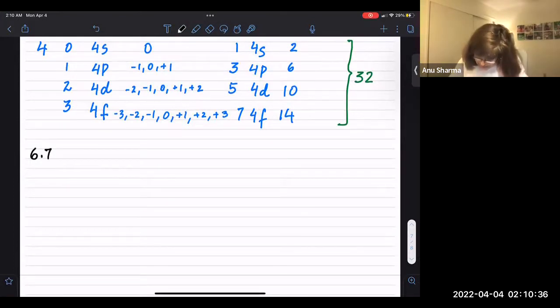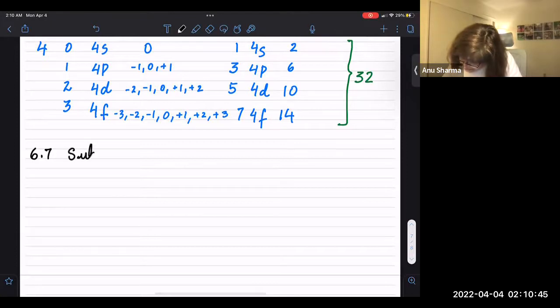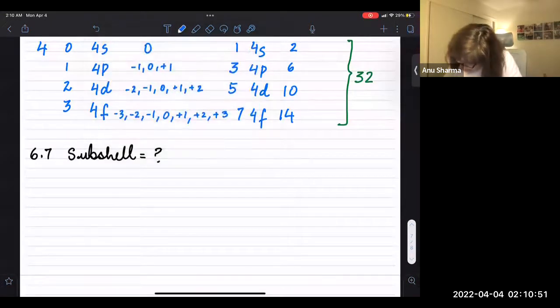6.7, and the question is asking, identify the subshell in which the electrons with the following quantum numbers are found. So we need to find which subshell will have the electrons with the quantum numbers n equals 3, l equals 1.